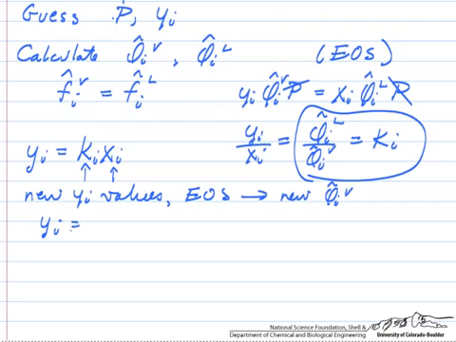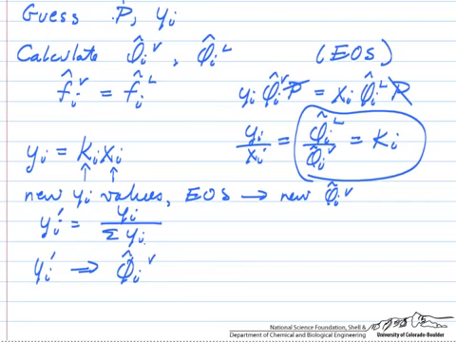So our new values are not going to add to 1. These are not the correct values. So I put a prime here to indicate the new values, and we're just going to normalize and force them to add to 1. Once we have done that, then we could use this new yi value, and we could calculate the fugacity coefficients in the vapor phase.